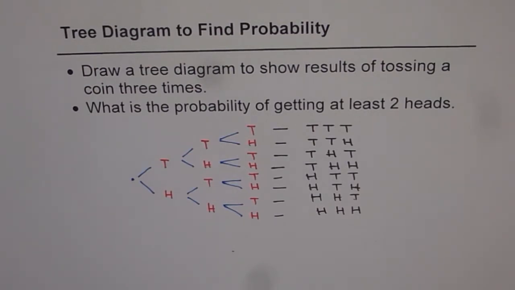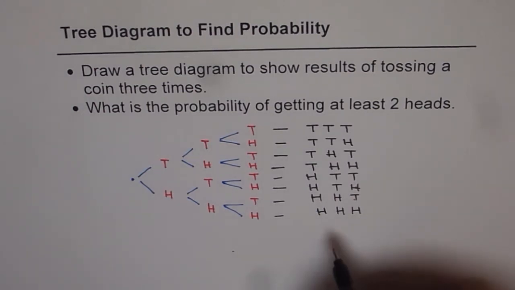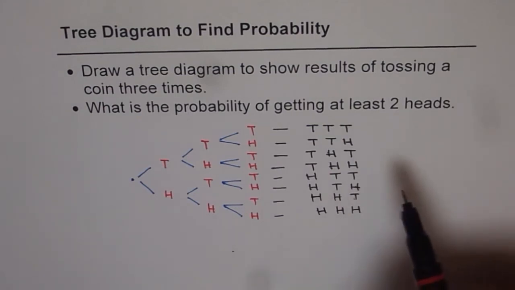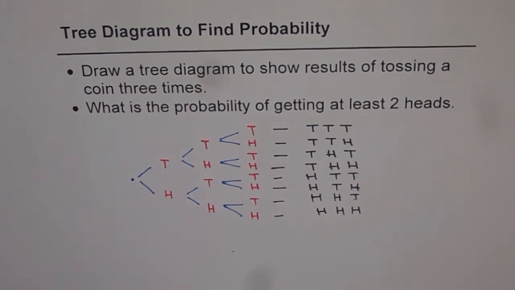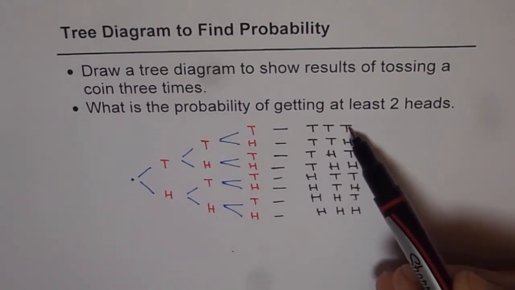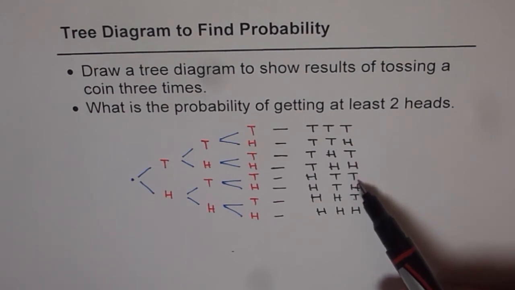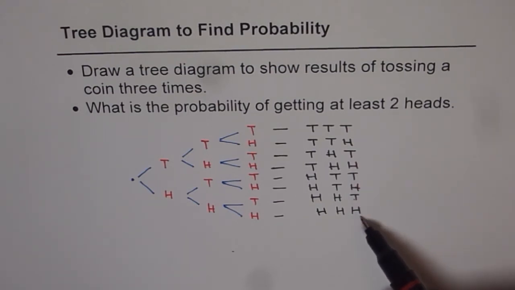So we observe that the total number of outcomes is 8. Let's count the total number of outcomes now: 1, 2, 3, 4, 5, 6, 7, 8.